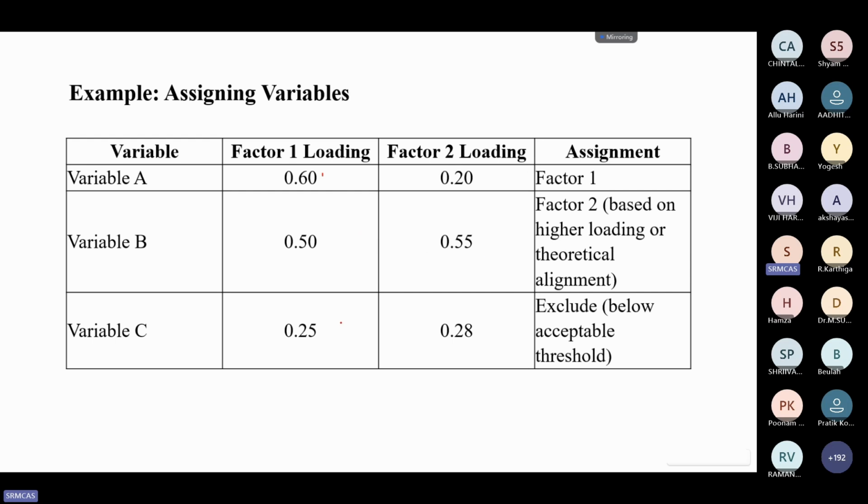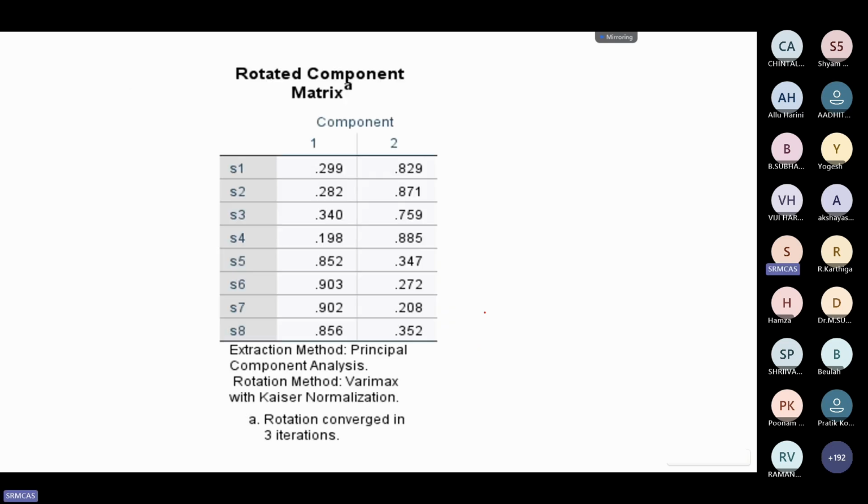Here, these factor loadings are just below our threshold levels, so we can reject this variable from the groups. Finally we can group these variables under factor 1 and these variables under factor 2.